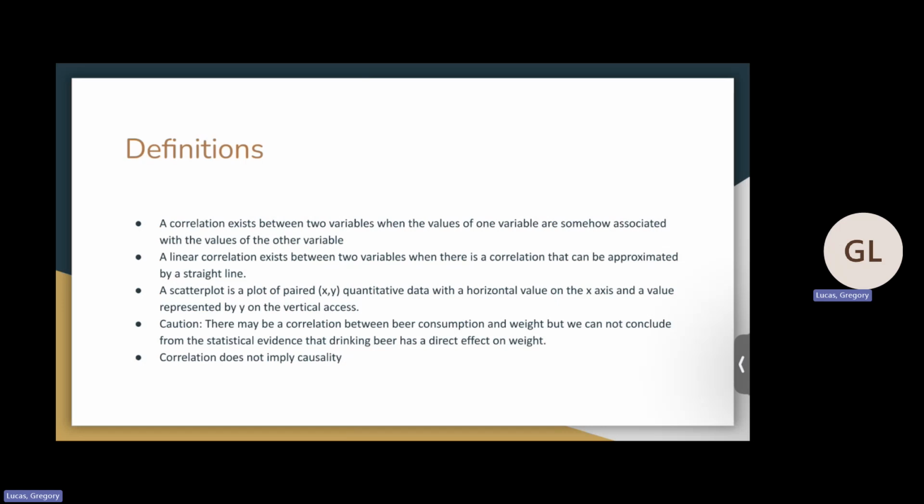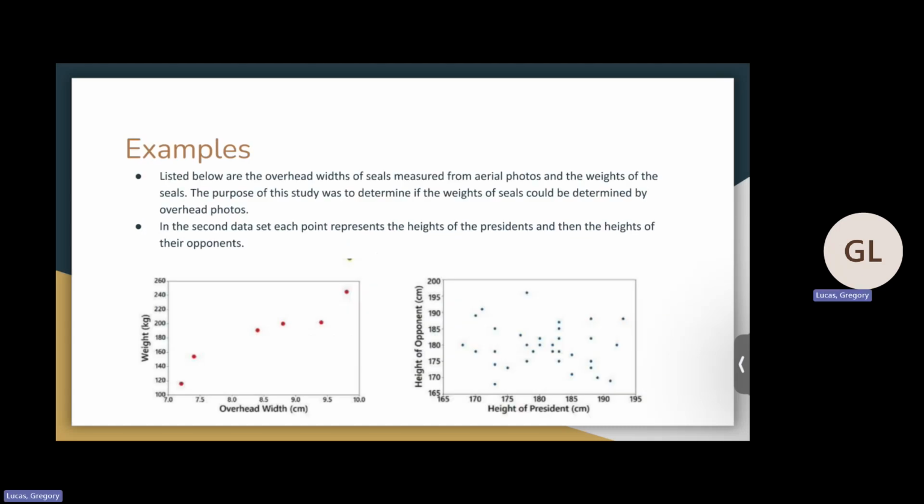All right, let's look at some examples. Listed below are the overhead widths of seals measured from aerial photos and the weights of the seals. The purpose of this study was to determine if the weights of seals could be determined by overhead photos. Okay.